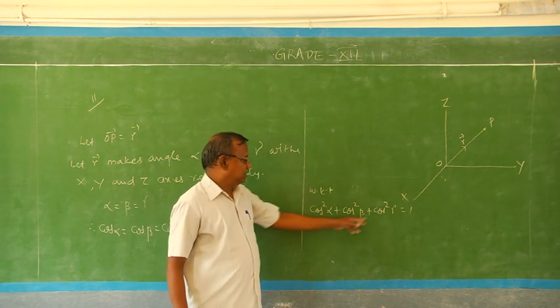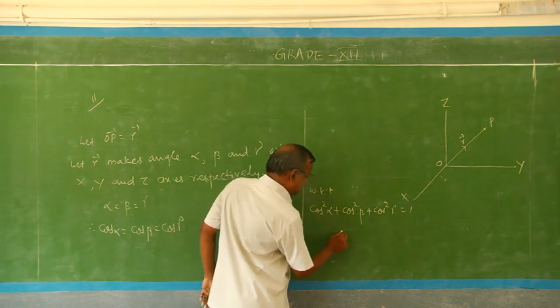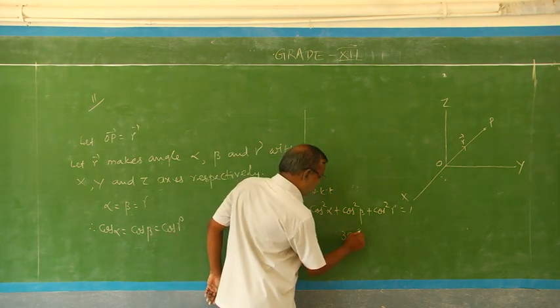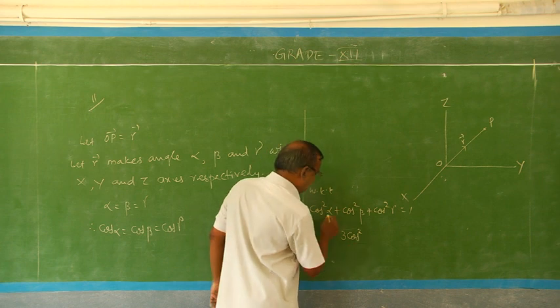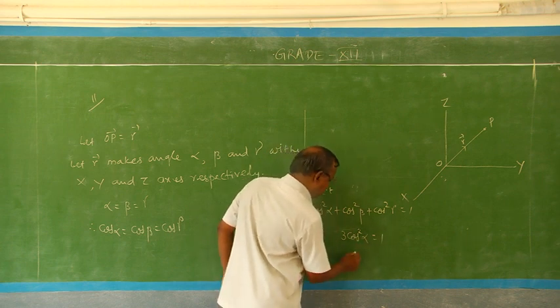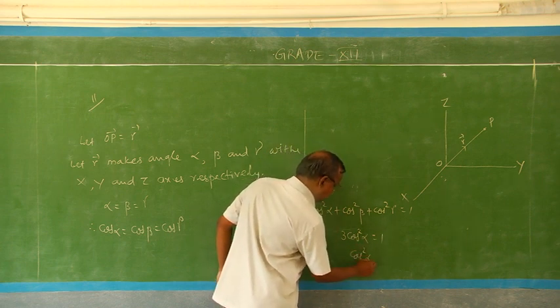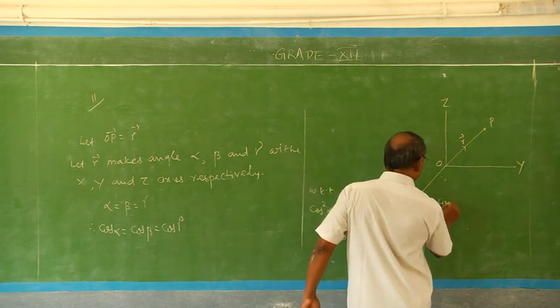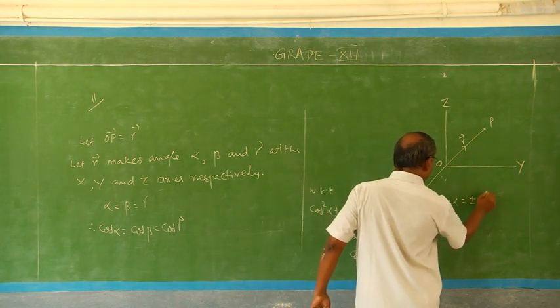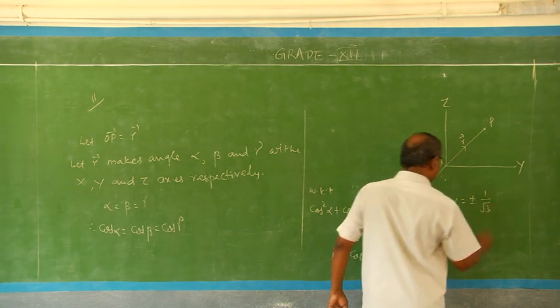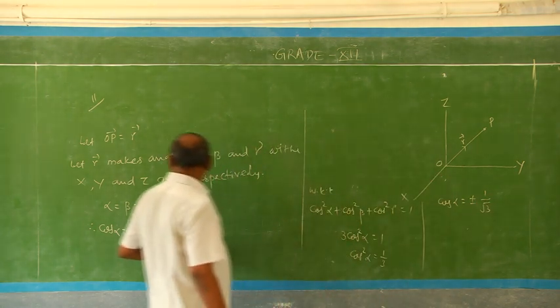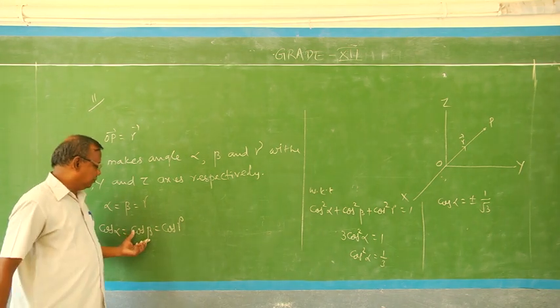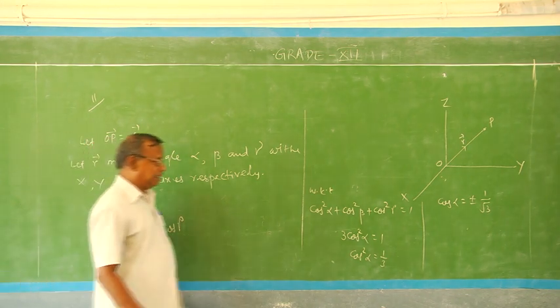Since these three angles are equal, 3 cos square alpha equal to 1, so cos square alpha equal to 1 by 3 and cos alpha equal to plus or minus 1 by root 3.